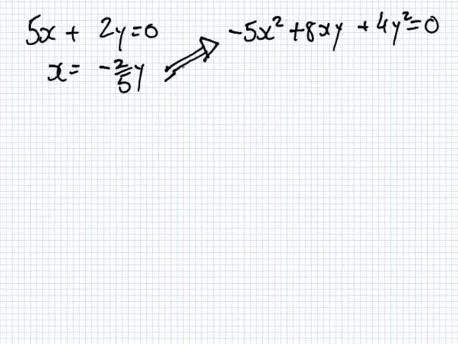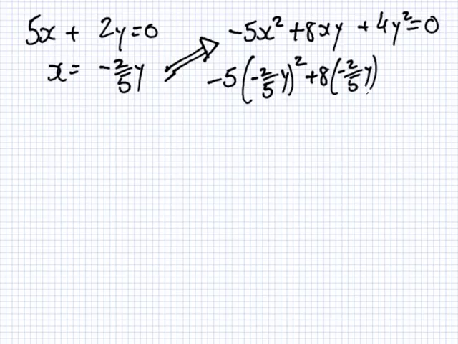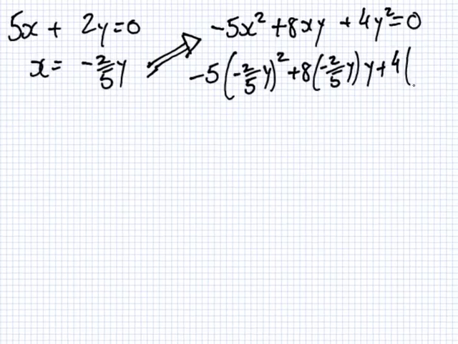Right, so this one here we replace with minus 5 times minus 2 over 5y squared, plus 8xy, plus 4y squared equals 0. And that's a y.